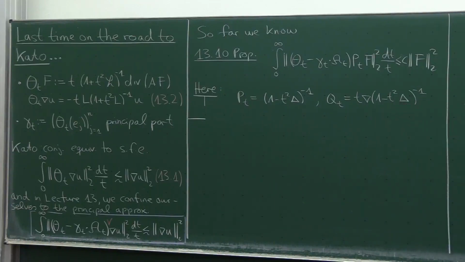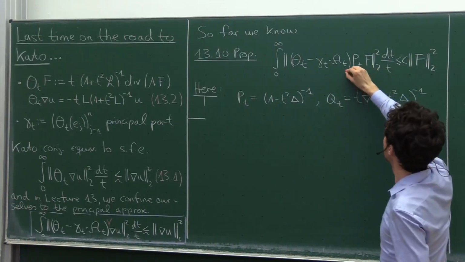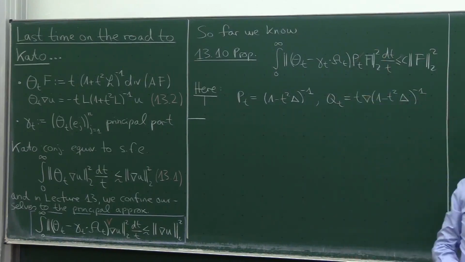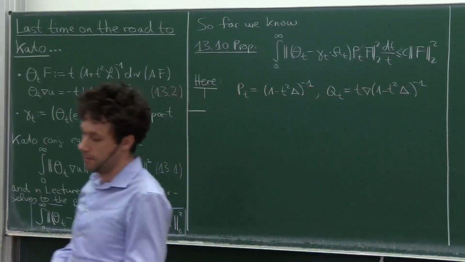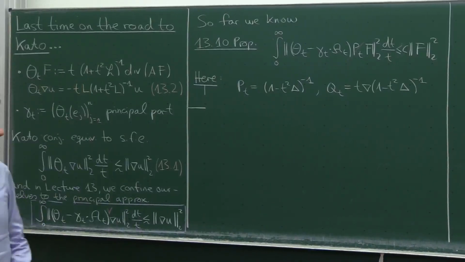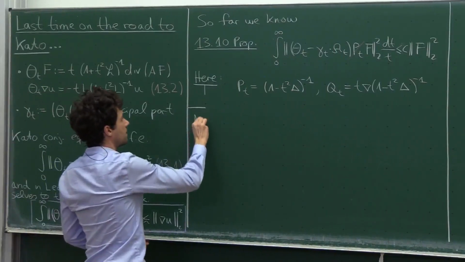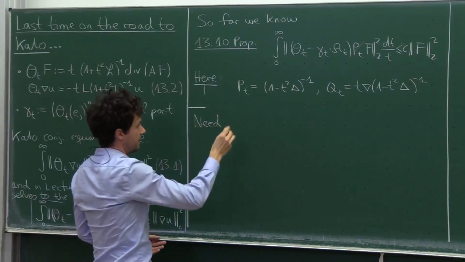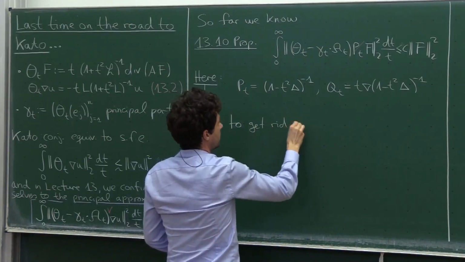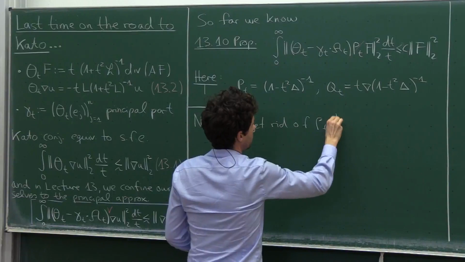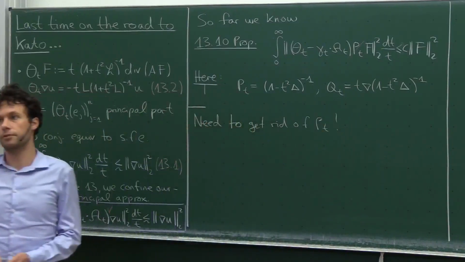And so what we have to do is remove the smoothing. The smoothing has to go away. Let's phrase it like this: we need to get rid of P_t. So how are we going to do that?